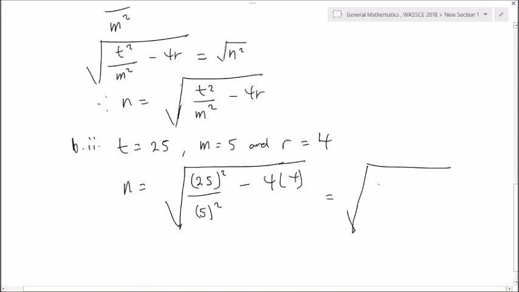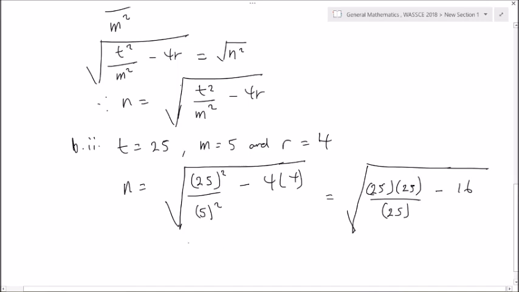We simplify this. 25 squared is 25 times 25, and 5 squared is 25. So you can clearly see that 25 cancels 25. 4 times 4 is 16.